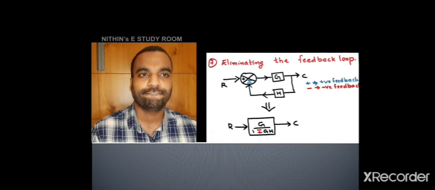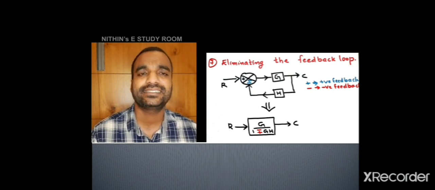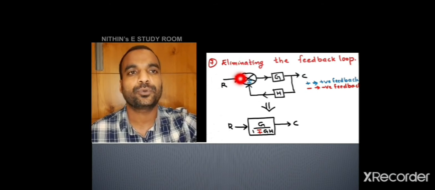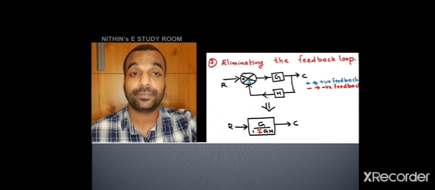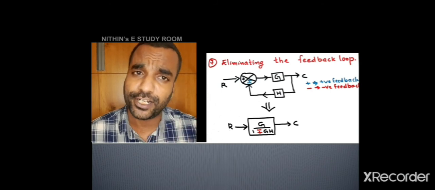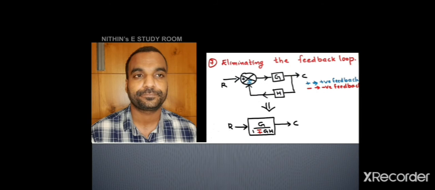Now, the seventh technique, eliminating the feedback loop. This is a different case because G1 is from input to output, but the H is from output to input. This is the feedback path. The path we discussed in the last case was a feed forward path or parallel path, but this is a feedback path.